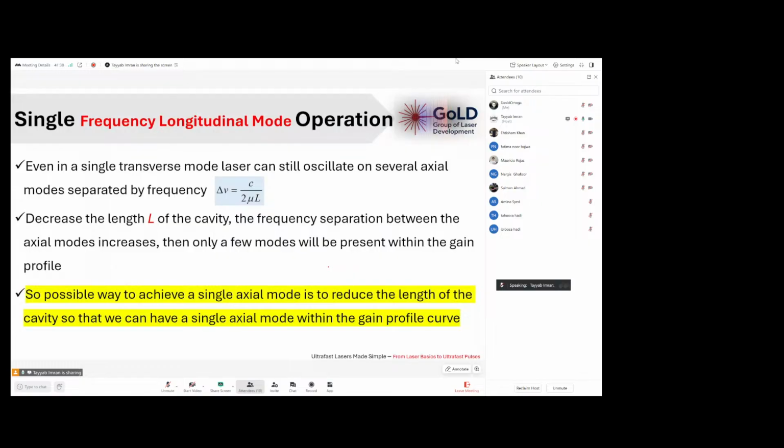How can we control the transverse mode? Simple. But in the case of the longitudinal mode, we may have a spectrum or a single wave or single mode.